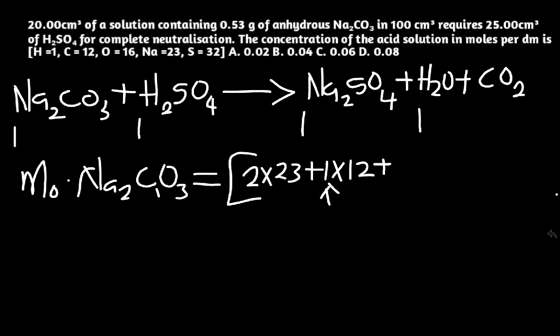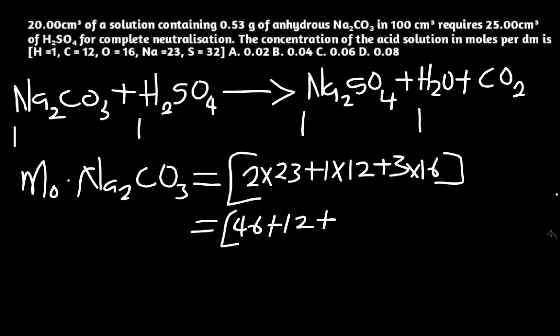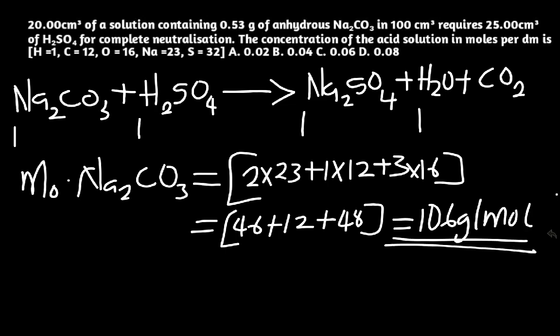There's an invisible 1 here. Plus 3 times that of oxygen, which was given to be 16, so 3 times 16. You would get 46 plus 12 plus 48. If you sum this up, you arrive at 106 grams per mole, which is the molar mass of sodium trioxocarbonate(IV).